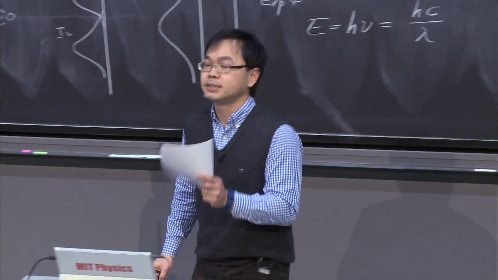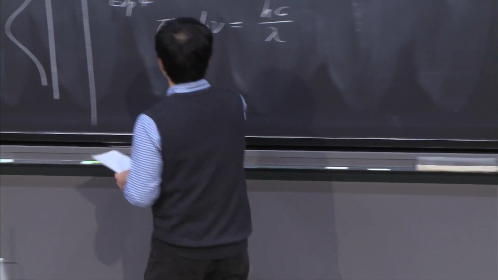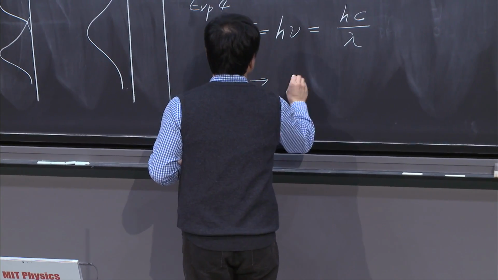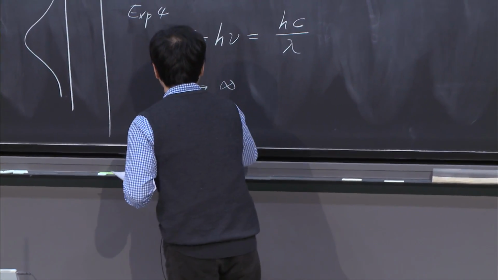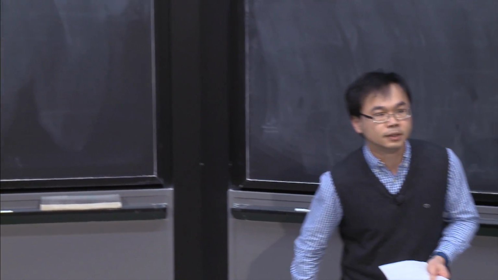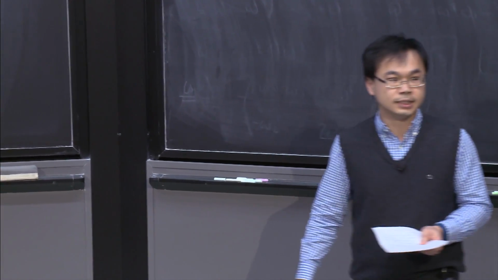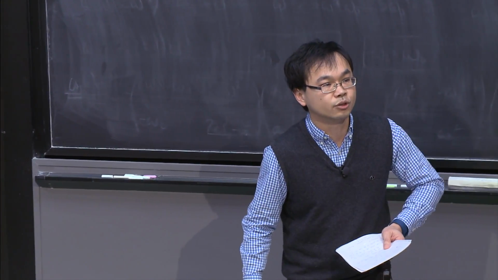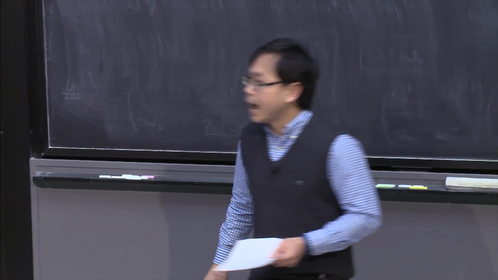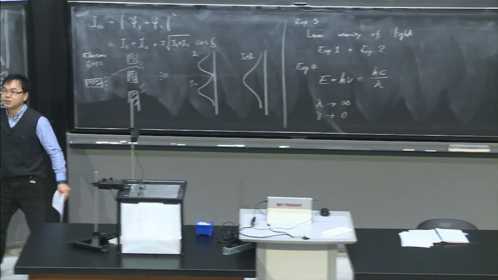The answer may surprise you. The answer is that if I take the limit, lambda goes to infinity, nu goes to 0, then no matter how high a frequency of photon emission I have, I am going to get the result of experimental result number 1.